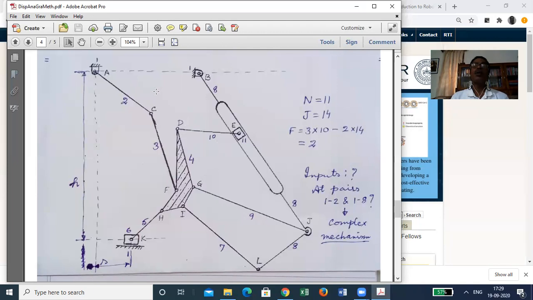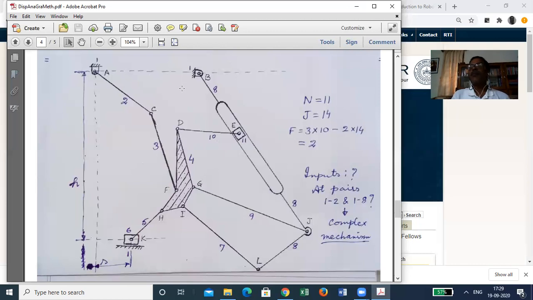Or one of these two can be replaced with this prismatic input, which is also connected to the frame. However, whichever two you choose out of these three, you will get a complex mechanism.